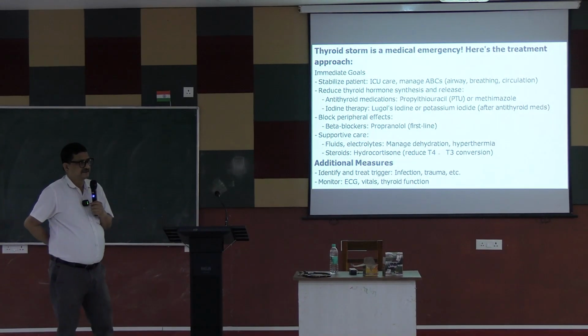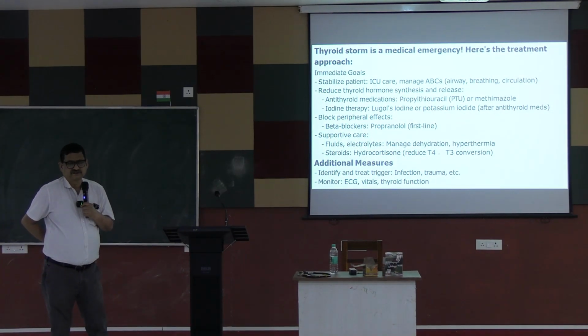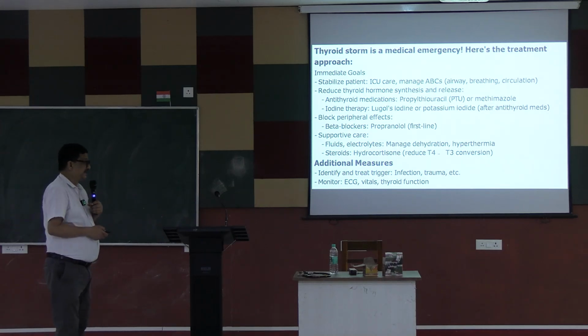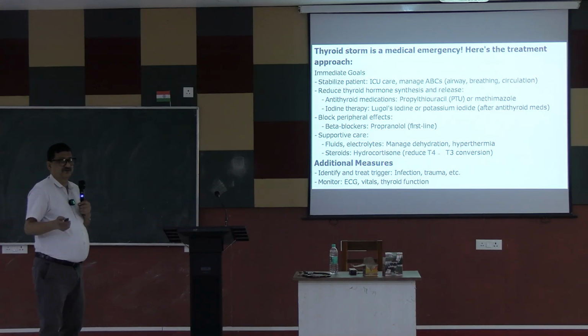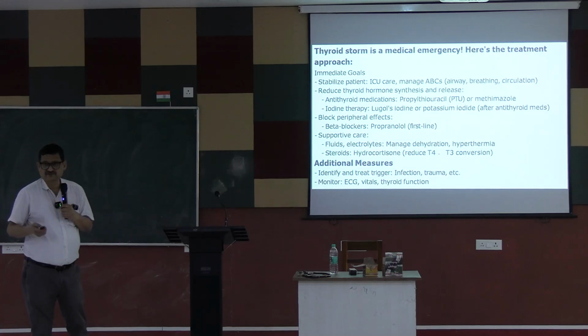The patient has a history of thyrotoxicosis, had an infection or a surgery or extreme heat weather conditions. The patient presents with extreme tachycardia in a shock stage. Immediately the patient is shifted to ICU. In any case of shock, resuscitation of the patient has to be done first.